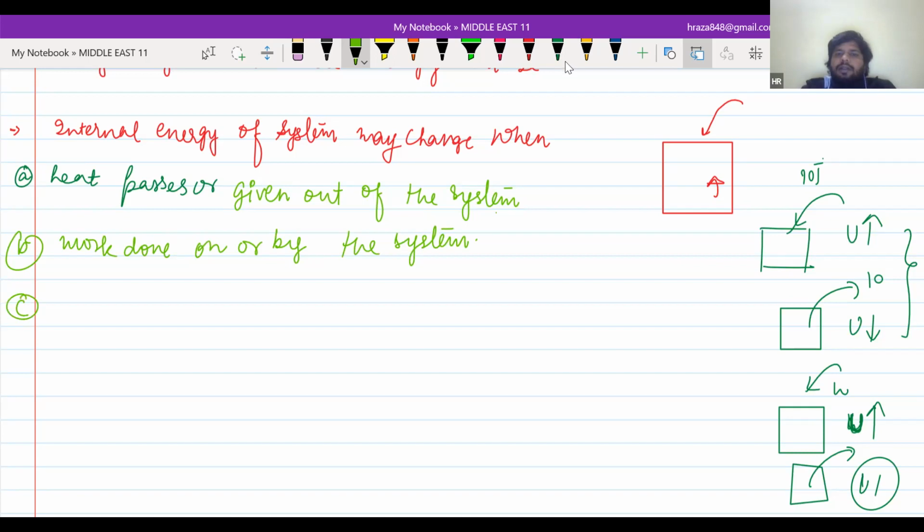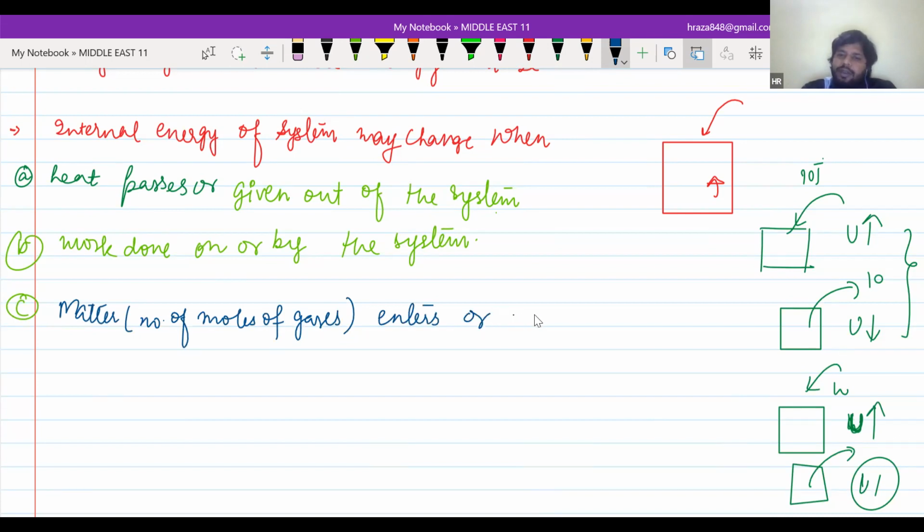And C, which is very important, is matter, that means number of moles of gases entering or leaving the system. If 100 moles of gases are present in a container, there will be some internal energy.